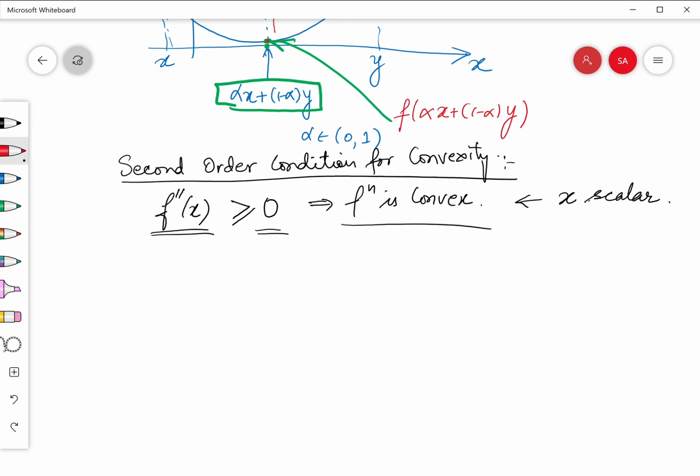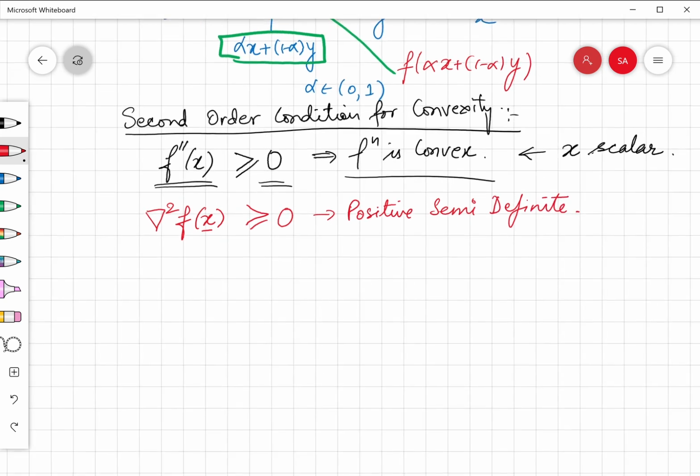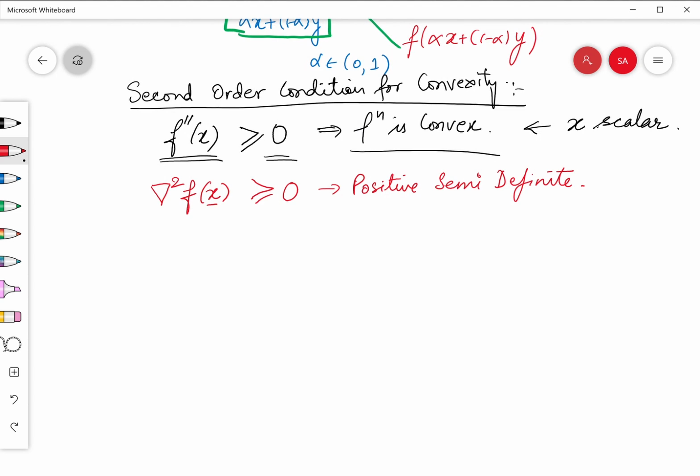Now the definition slightly changes if x is a vector. Then you need to find the Hessian, and the Hessian is written something like this. You have to prove that the Hessian is greater than or equal to 0. What does it mean? It means positive semi-definite. Okay, so this we discussed in one of the earlier lectures. So for a function of a vector, you find the Hessian. How do you write the Hessian of a function?